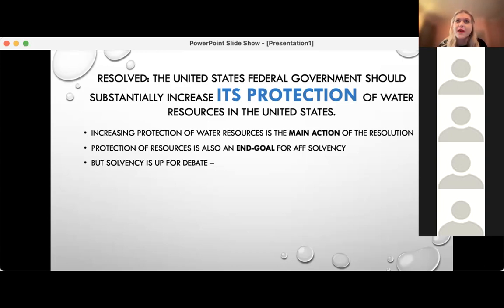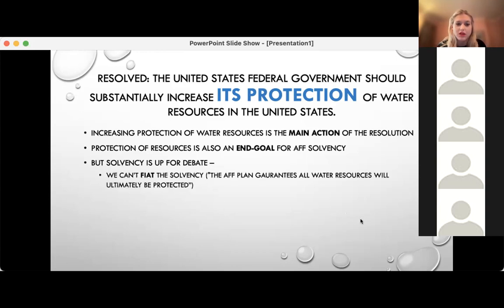is a specific action that policymakers can take. It requires procedures and regulation. It's not just something that we can wish happens by saying the word protect. So we can't just fiat solvency, and this gets to the question and the interaction that Darcel had with one of the students yesterday about how much does fiat really give you?